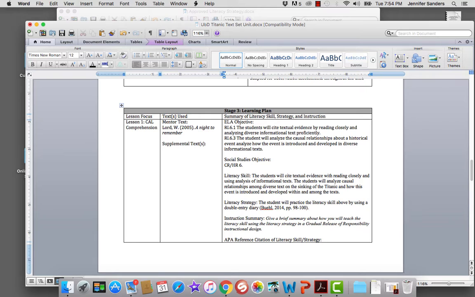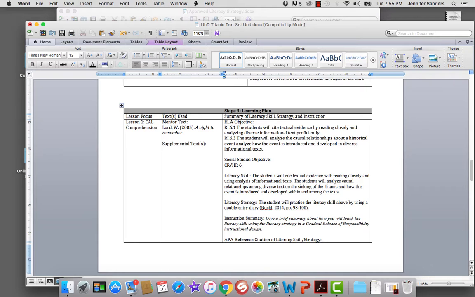Give yourself an explanation of this strategy, and you can do that by actually reading, using this strategy. What are the readers going to do? Well, it says that double entry diaries use reader responses to prompt essential comprehension processes: making connections to background knowledge, creating mental images, posing questions, making inferences, and clarifying confusion. If you keep going, it says double entry diaries are a version of two-column or Cornell note-taking and are tailored to students to analyze their thinking.